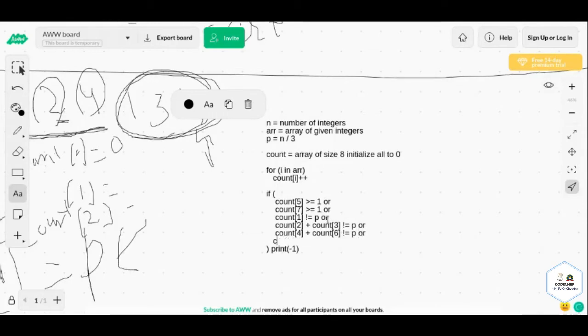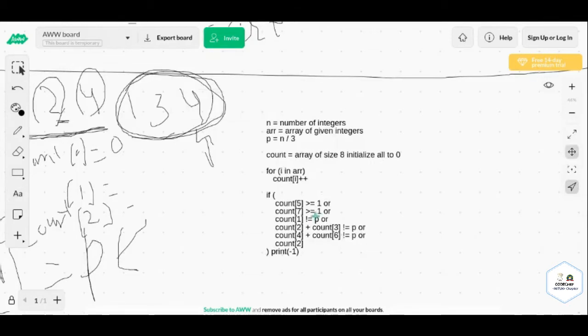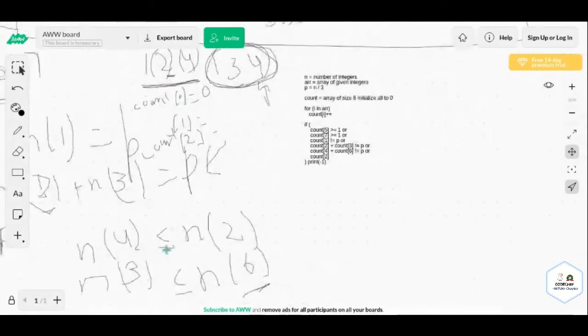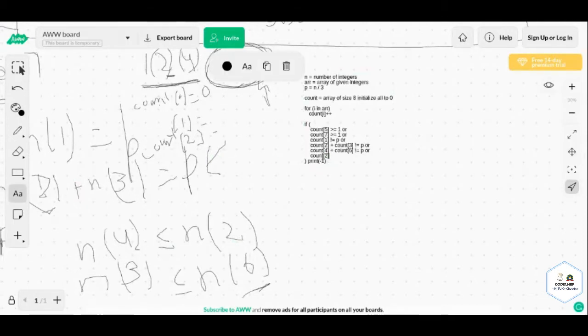The next condition was that the count of 2 must be greater than or equal to the count of 4, right? Our condition was that count of 4 should be less than or equal to count of 2. So if it is not the case, that is, count of 2 is less than count of 4, then we will say again that the answer doesn't exist.